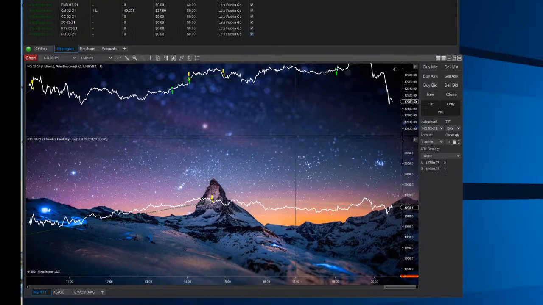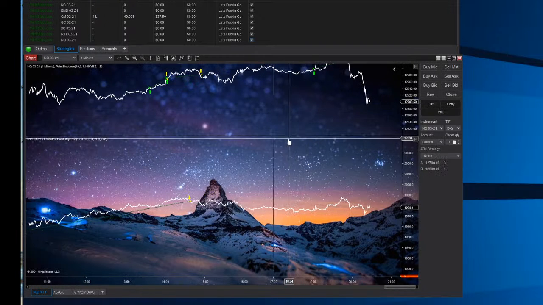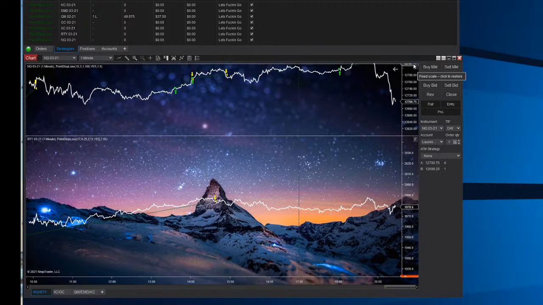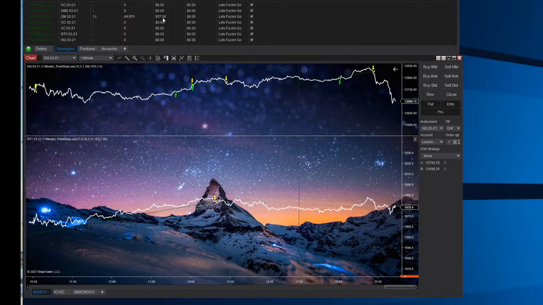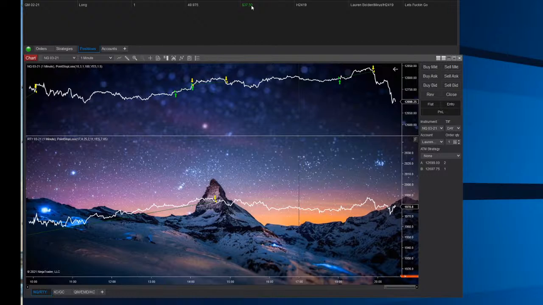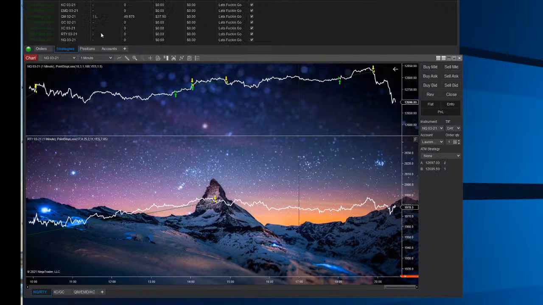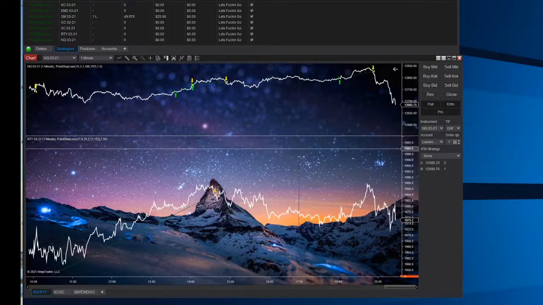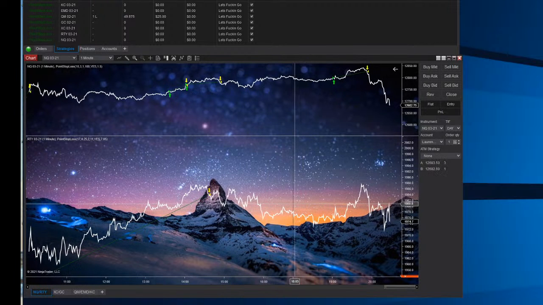The blue is my VPS. So I can always see my running P&L up here, whether I go under positions or under strategies. It shows me what I have going on, and it also tells me what I have enabled or disabled. So I like to see that.